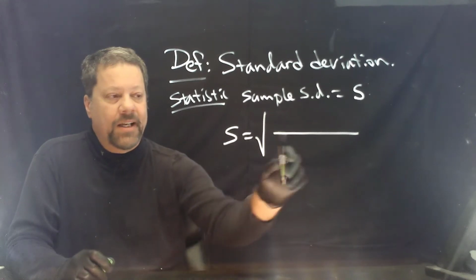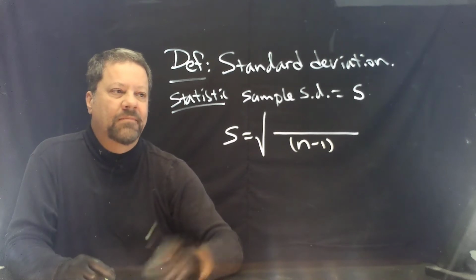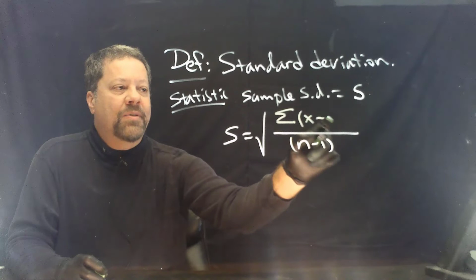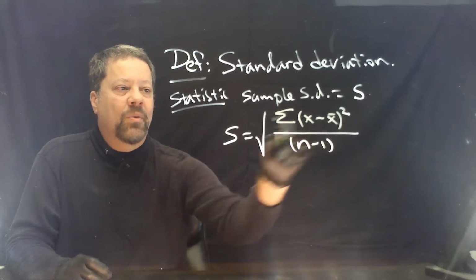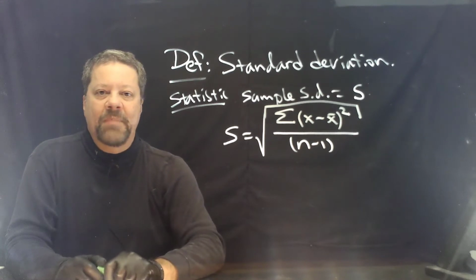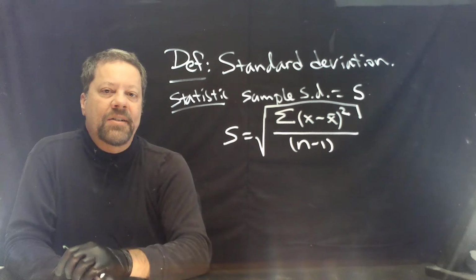The denominator is easy. You divide by the number of data values minus 1. In the numerator, though, you add up the data values minus the mean squared. You add all of that up, and that ends up being the sample standard deviation. It's a statistic, and it's denoted by S.